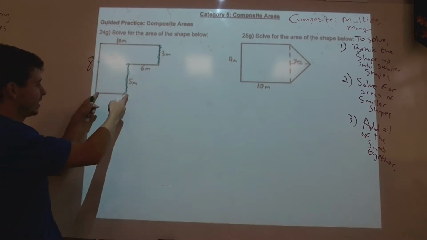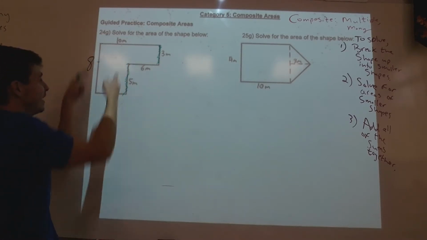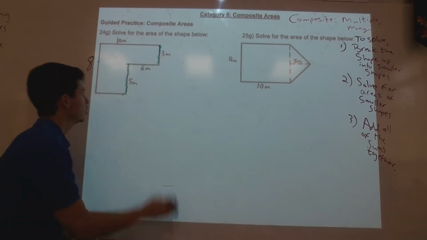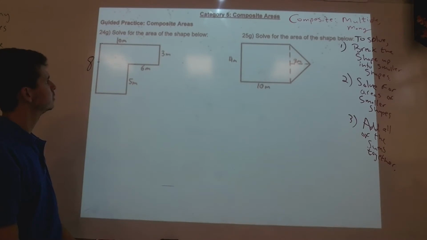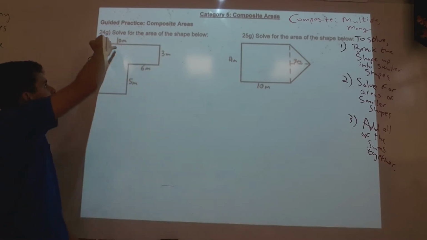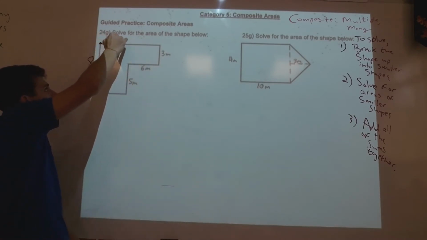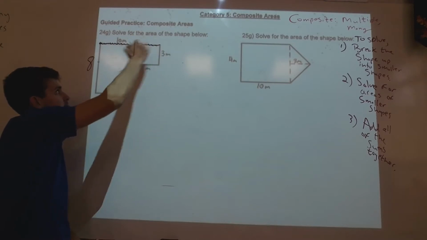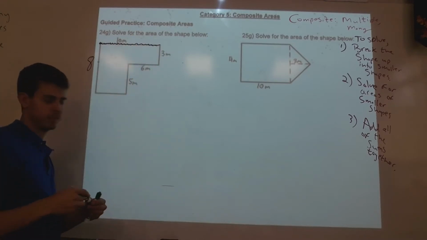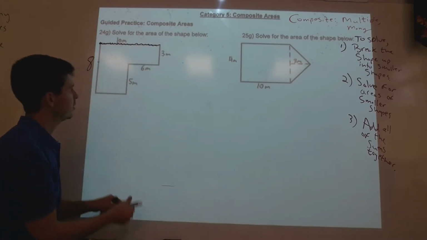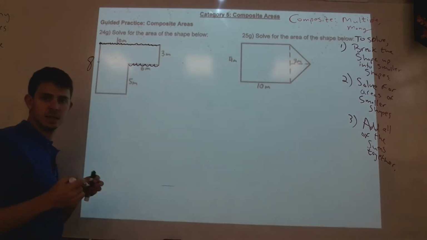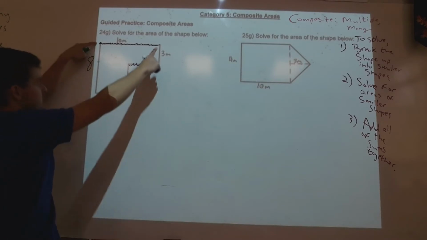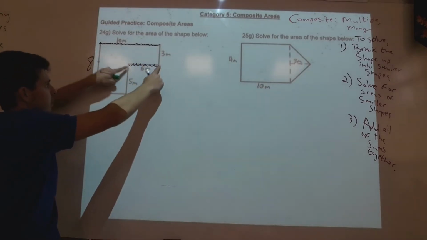Now, I need to find this length, and I'm not given it here, but I'll show you what I am given, and I still will be able to solve for it. This whole distance is 10. It's given 10 meters. And this distance right here is 6. So this is 10, and this is 6.